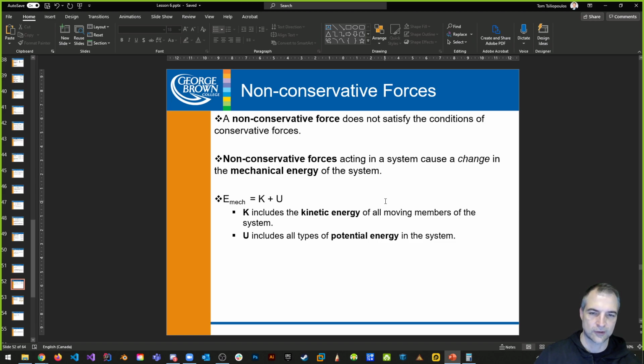Non-conservative forces acting in a system cause a change in the mechanical energy of the system, where E mech is equal to kinetic energy plus potential energy. K is the kinetic energy and U is the potential energy in the system.